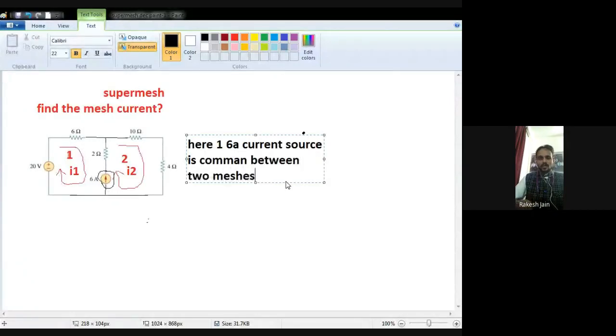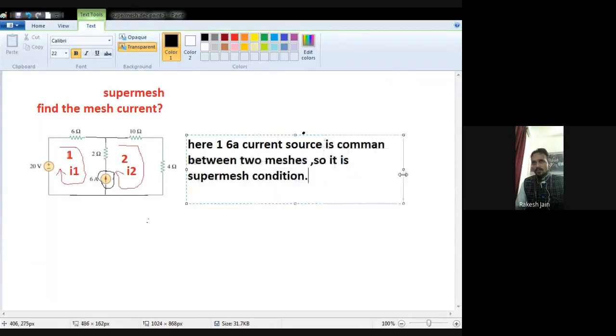Now all the steps are the same as in the previous condition, but in this case, in between these two meshes there is a current source. This is a closed path and this is a closed path: closed path 1, closed path 2, mesh 1, mesh 2. In between these two meshes, a 6 ampere current source is given, which is common.